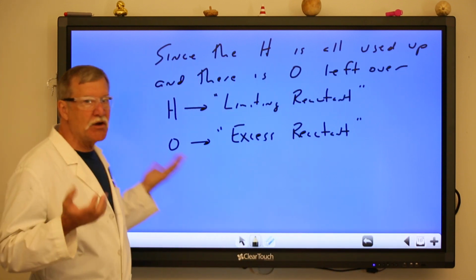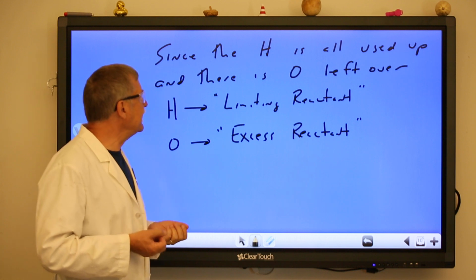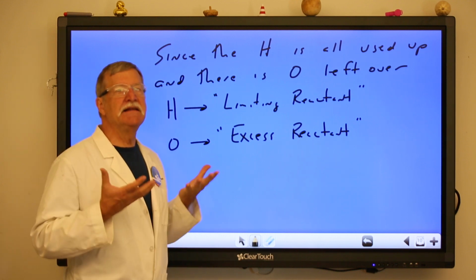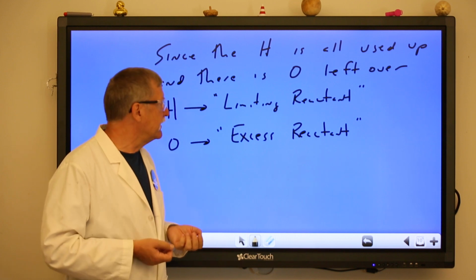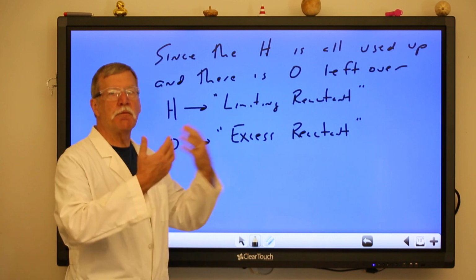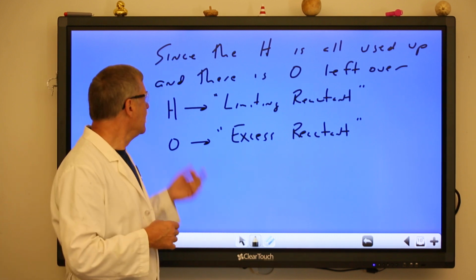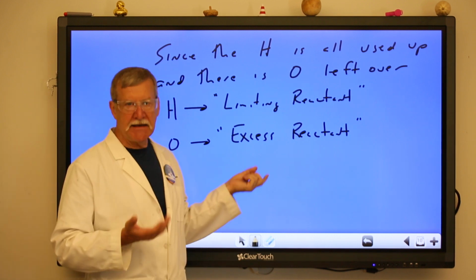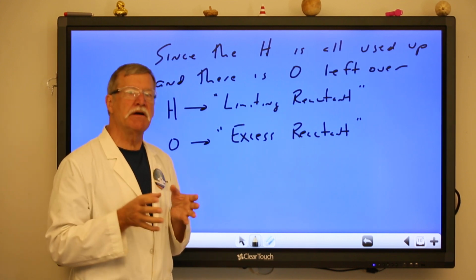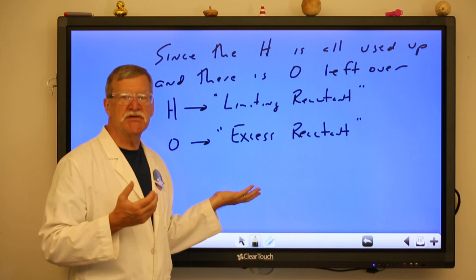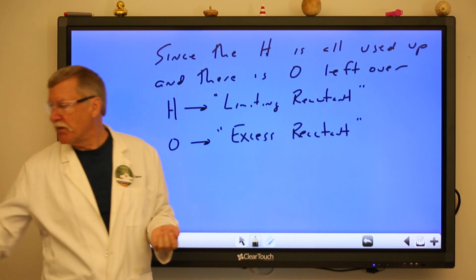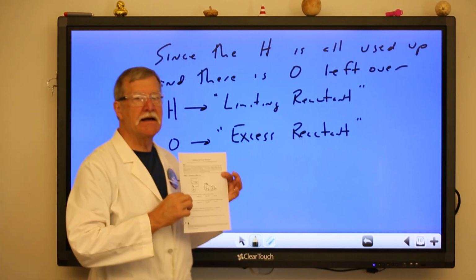Since hydrogen gets all used up and there's oxygen left over, we say that hydrogen is the limiting reactant here. The amount of hydrogen limits the final product, how much water you can make, whereas oxygen is the excess reactant. Once we combine everything we can combine in the correct ratio, there's oxygen left over, and that's the excess reactant. And that's what this POGIL gets at here.